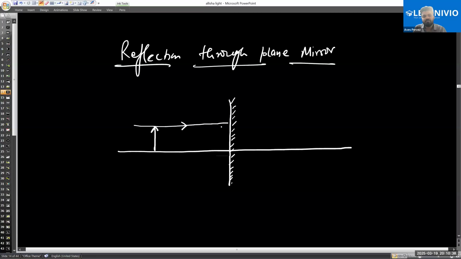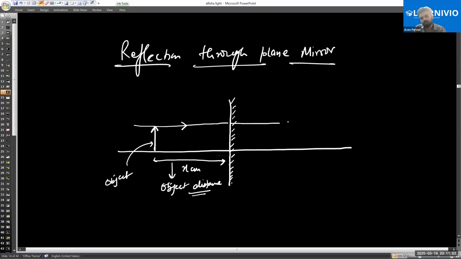Suppose this is an object which is placed at a distance of u, or x centimeter, from the mirror. We consider it as the object distance. And whatever the distance it is, at the same distance the image is going to form.